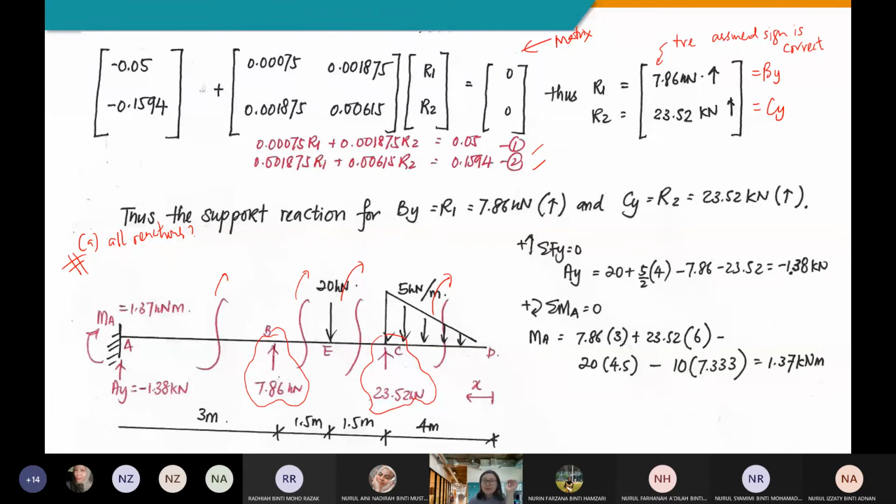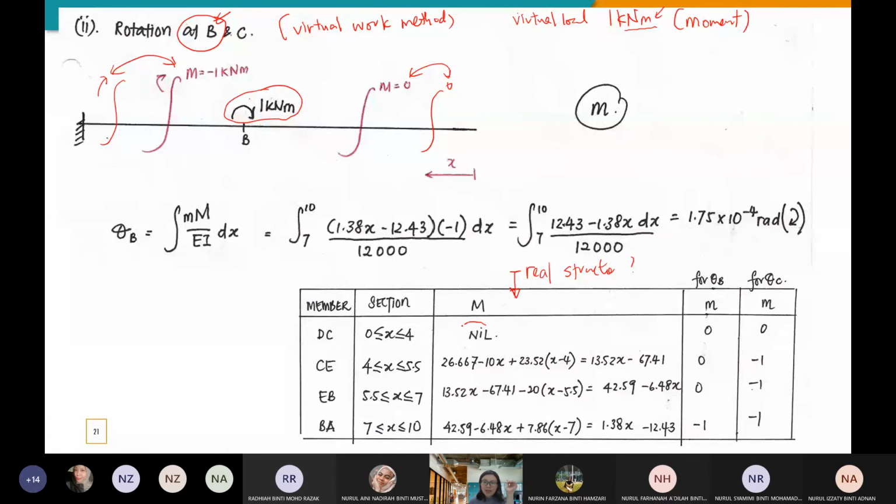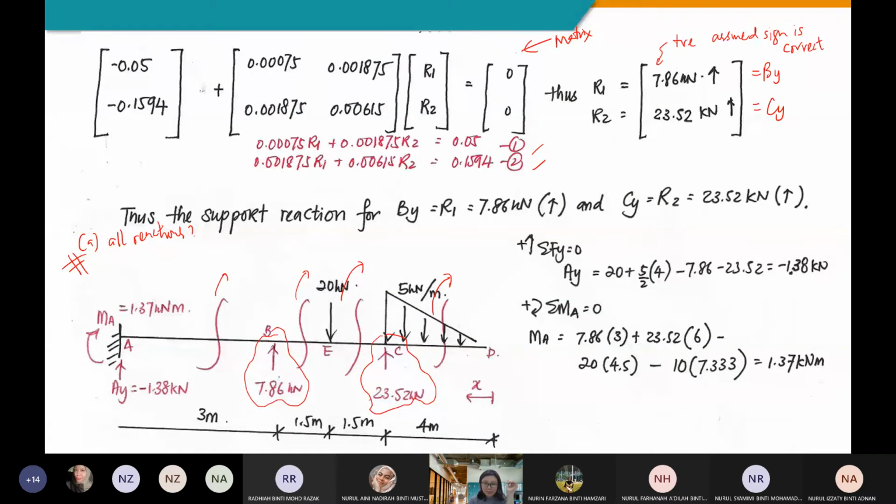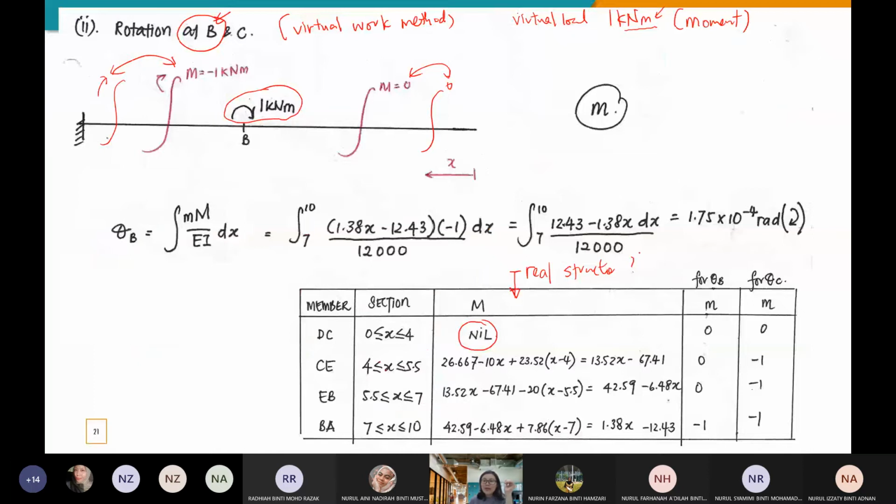So it's M, but why is this NIL? No need to find. Is that DC? No value. There is a value, right? They must have a value. But we can skip it because we know that M is going to multiply with small m later.